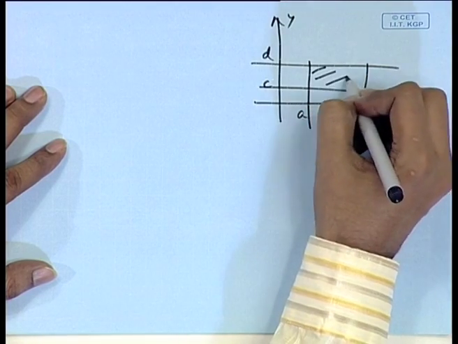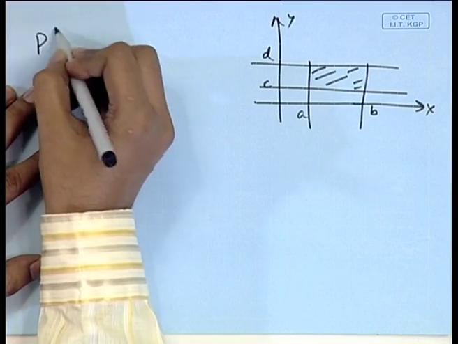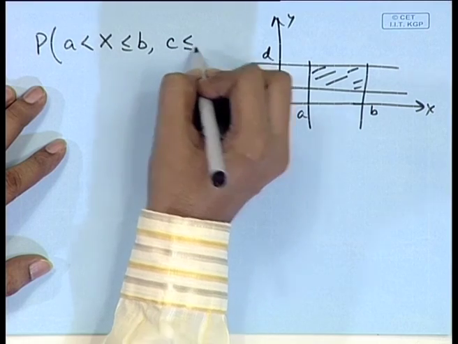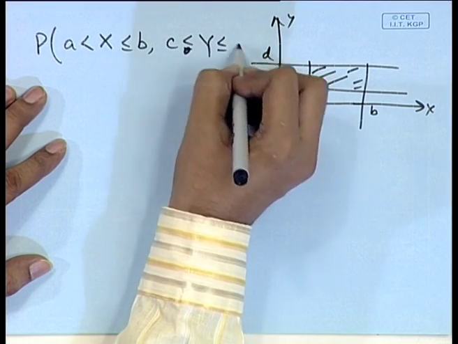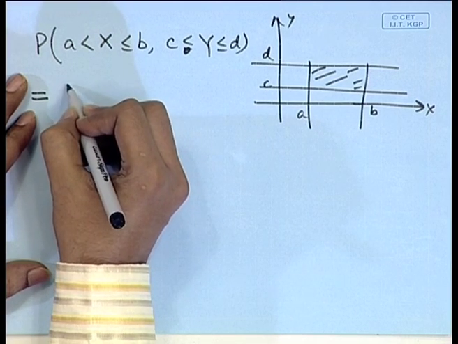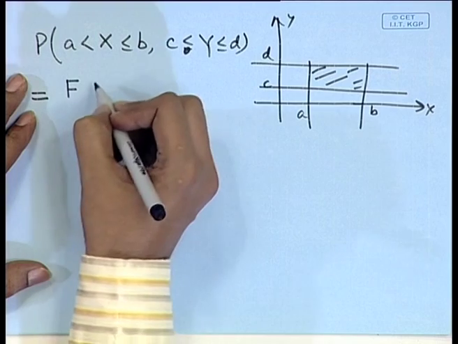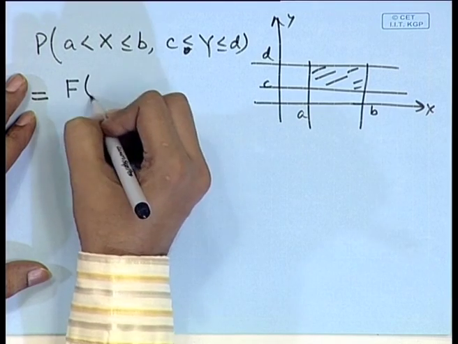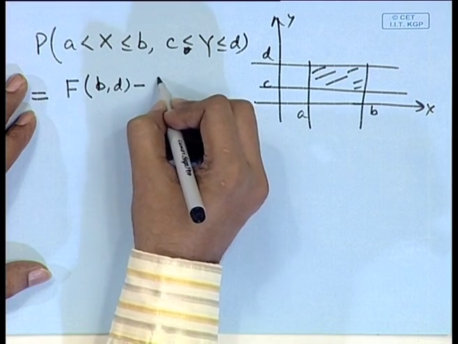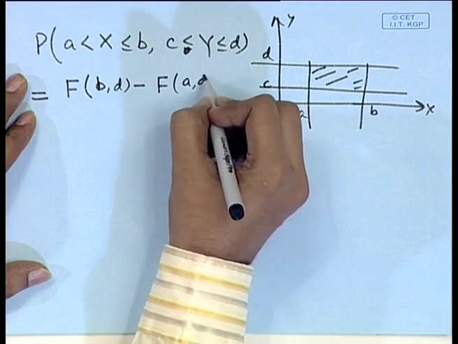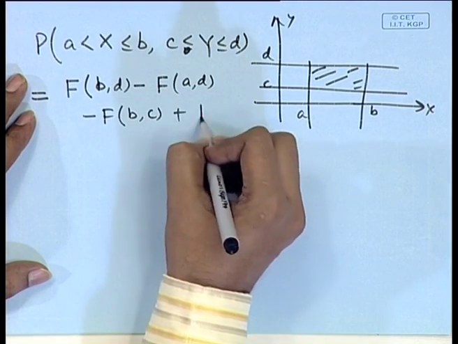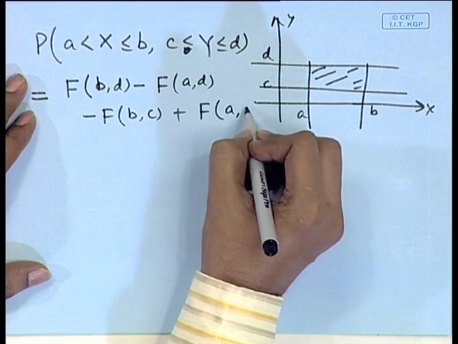So, if we want to look at the probability of this region, so probability of a < x ≤ b, c < y ≤ d, then this is equal to F(b, d) minus F(a, d) minus F(b, c) plus F(a, c).